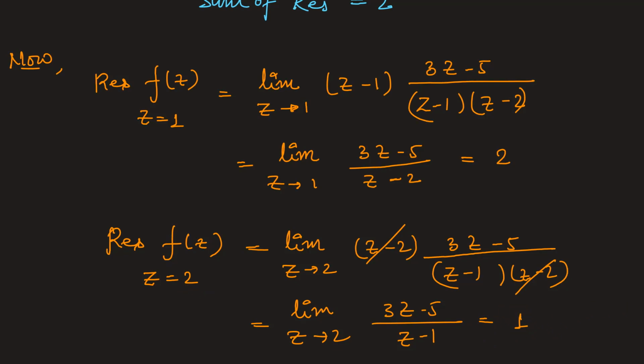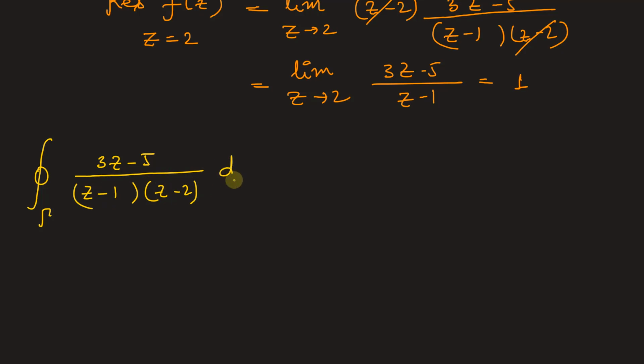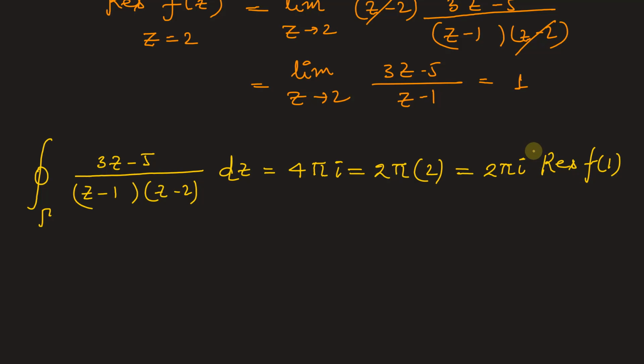Now the integral over the curve gamma of (3z minus 5) divided by (z minus 1)(z minus 2) dz will be equal to 4 pi iota, which is equal to 2 pi iota into 2, which is equal to 2 pi iota into the residue at z is equal to 1.